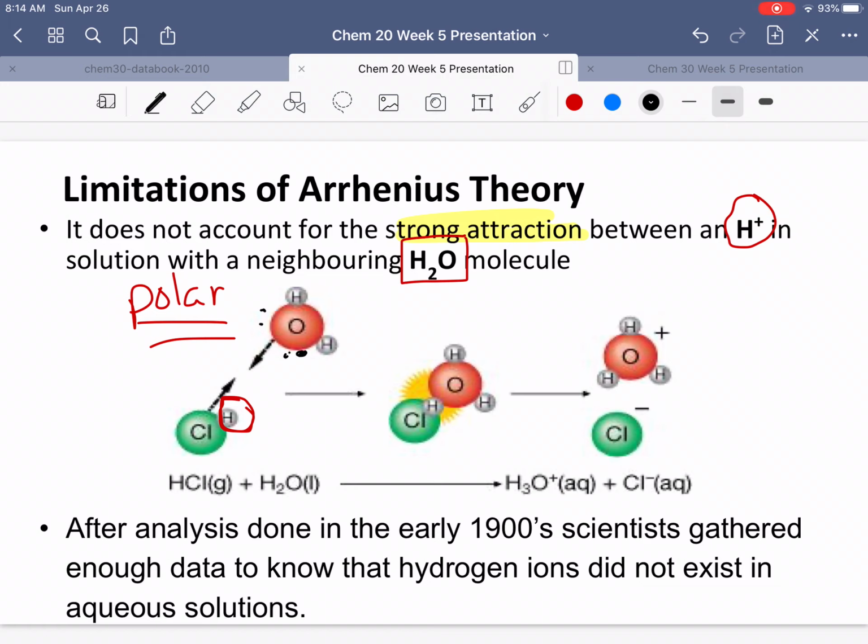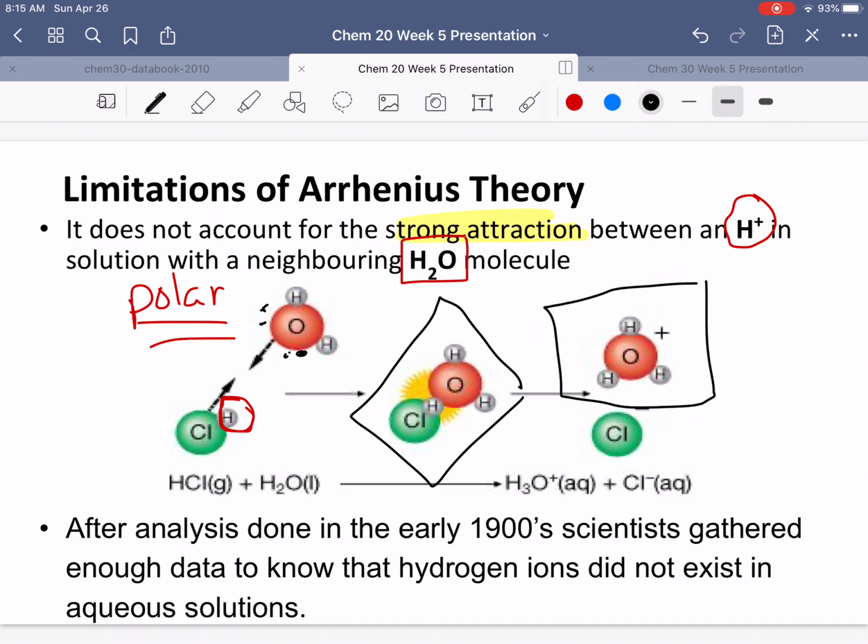Again, this is all familiar from Unit 1. Because of that, the hydrogen gets so attracted to the water that it stays on it. Notice the chloride ion, Cl negative, that was there before and it's still there.